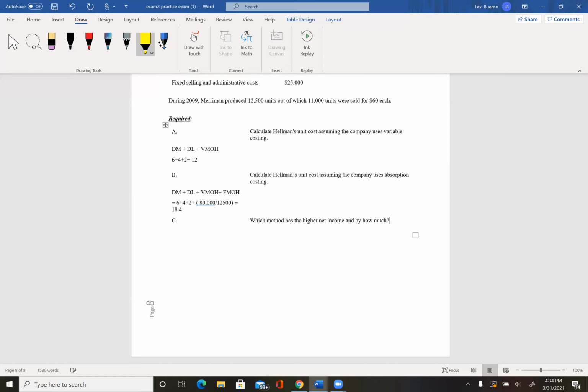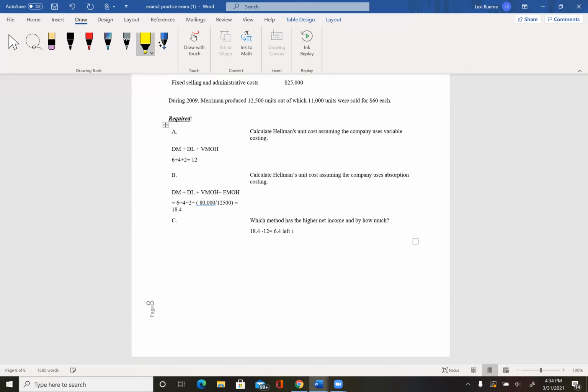And now to find out which method has a higher net income, basically you're just going to look at the two. So you're going to look at the 18.4 minus the 12, and that's absorption versus variable. That gives you 6.4. It's going to be left in the absorption costing.